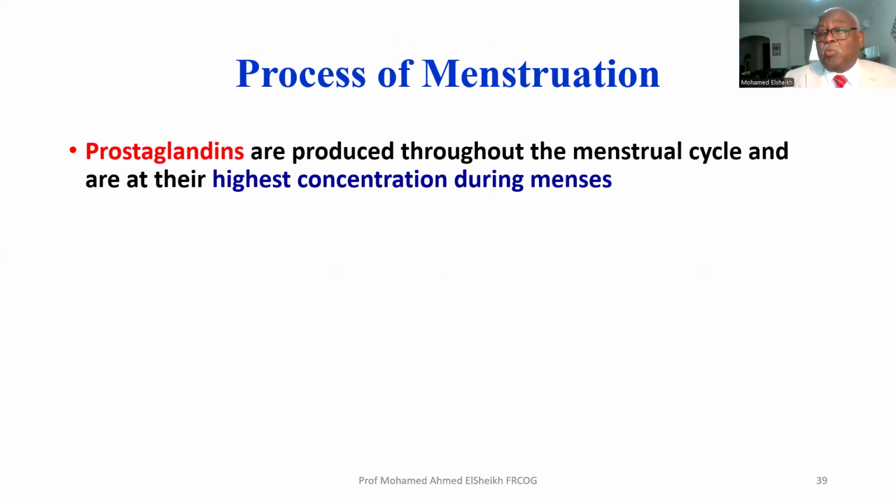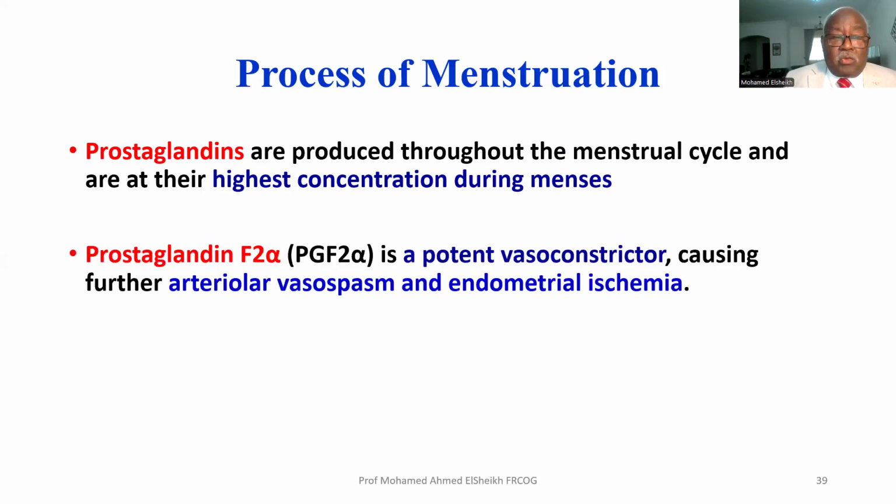With that, there is also prostaglandin production, which occurs during the menstrual cycle, but the highest concentration occurs during the menses itself. What do these prostaglandins do?